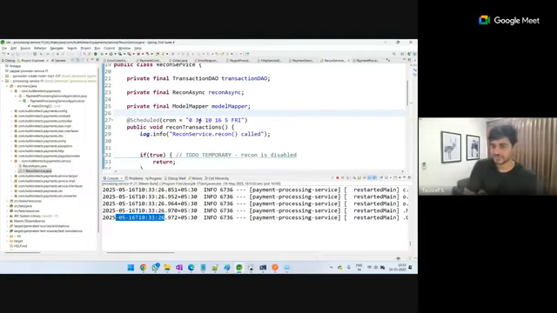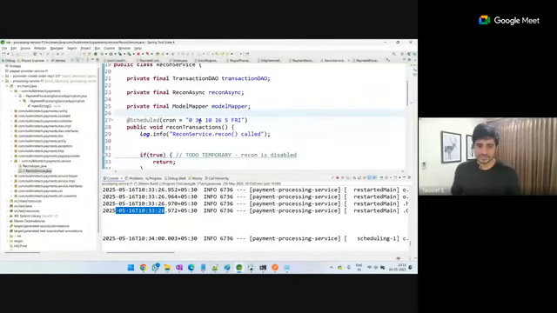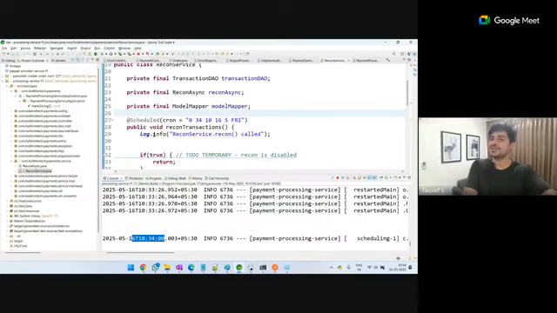Let's see what happens at 10:34. So we represented a time, 16th May, 10:34 at 00 second, and we are saying this method can be executed.